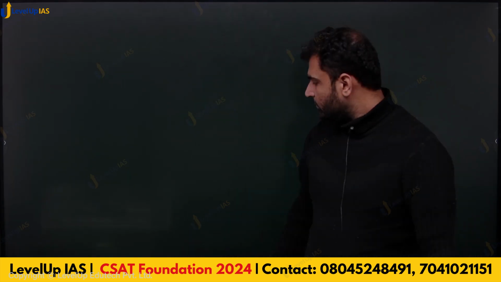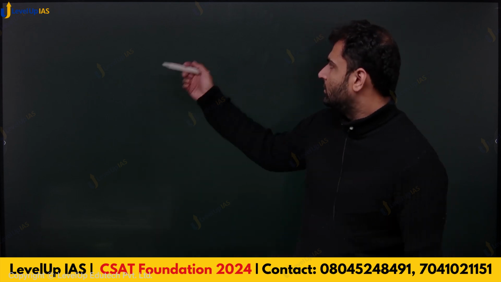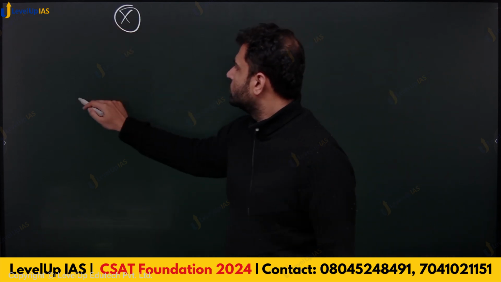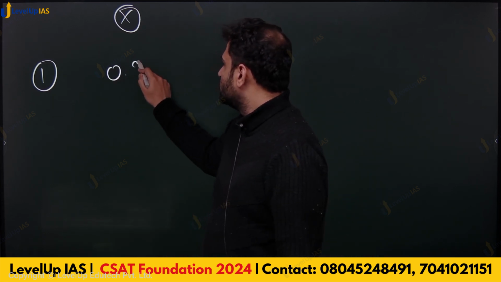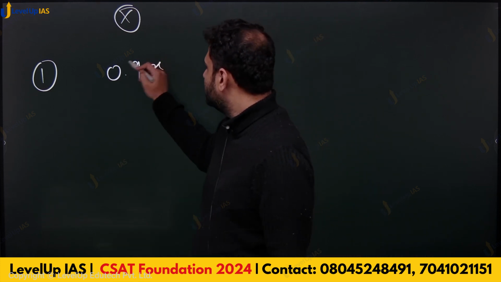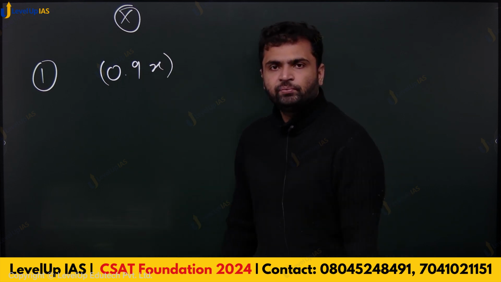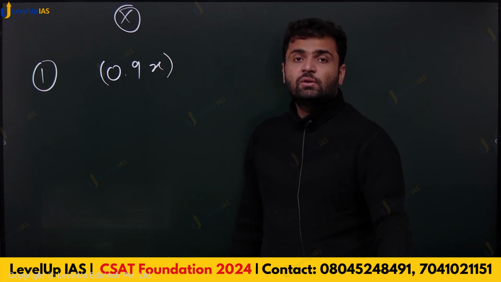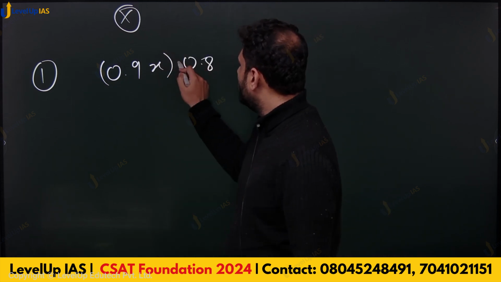Very simple question. Let us say the original price of the item is X. So if we go for option number 1, first he gets a discount of 10%. So the price becomes 0.9x. On that he gives a discount of 20%. So the new price becomes 0.8 of the old price.